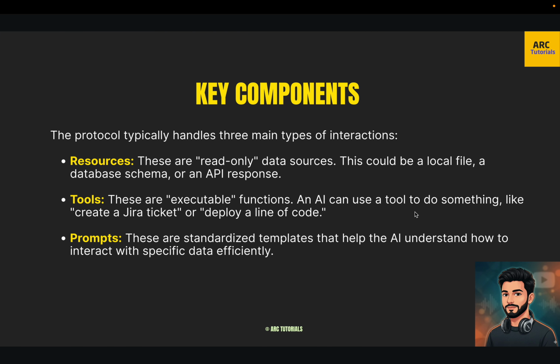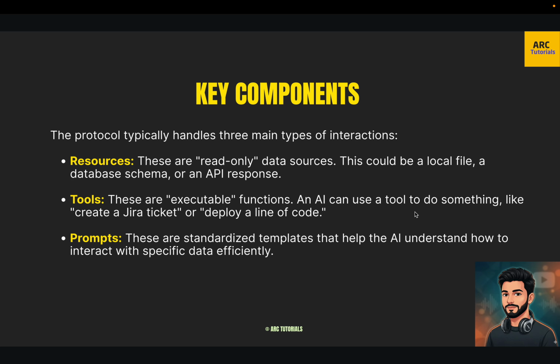Now, what are the key components? The protocol typically handles three main types of interactions. The first is the resources. These are read-only data sources, which means you can read a local file, read a database schema, or an API response, etc. The most killer feature I would say is the tools. These are the executable functions, which means, let's say you say create a Jira ticket, deploy a fix, create a PR branch, send a message to Todoist, or create a new page in Notion.